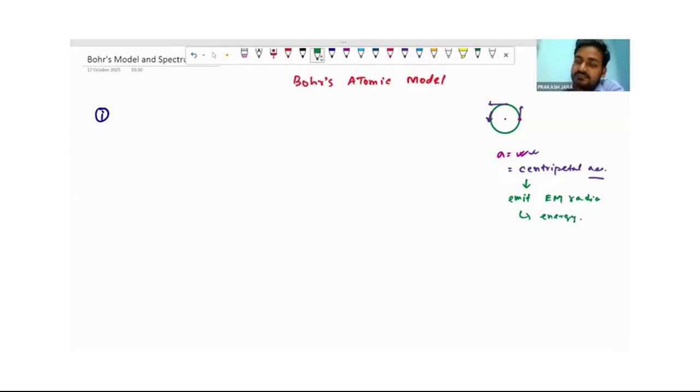So there will be some loss in energy. When the energy of an electron is lost, it is obvious that its radius will keep decreasing and ultimately it will fall onto the nucleus. But that is not the real scenario. So how is the model?